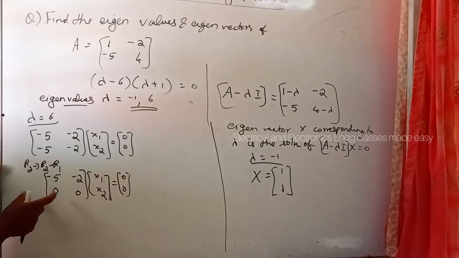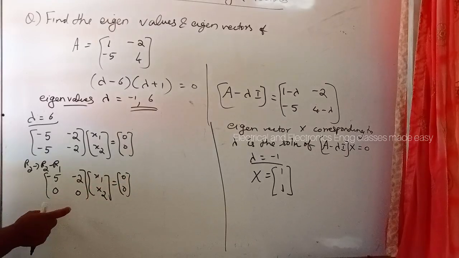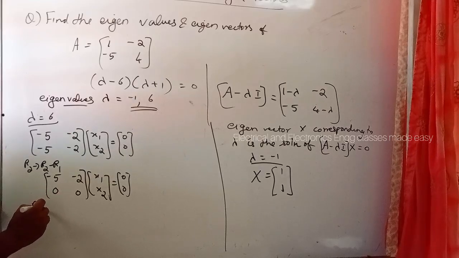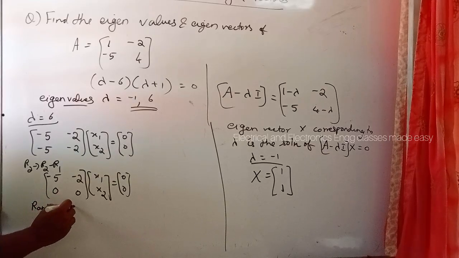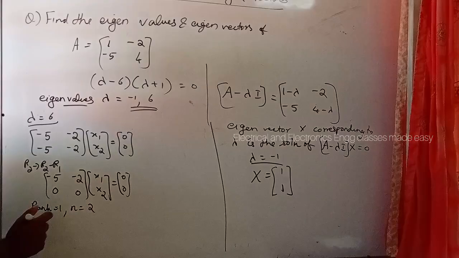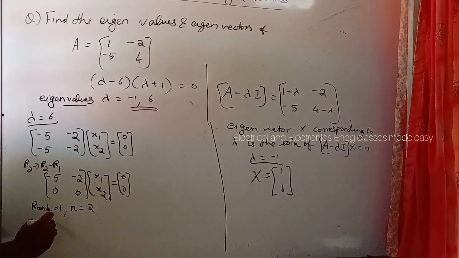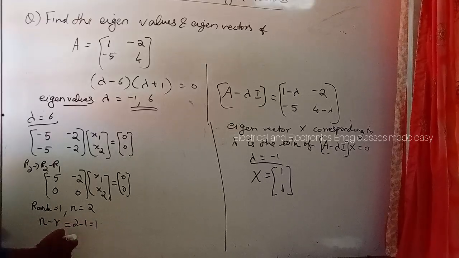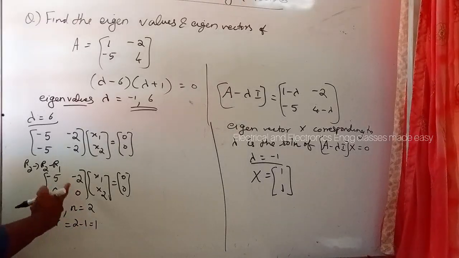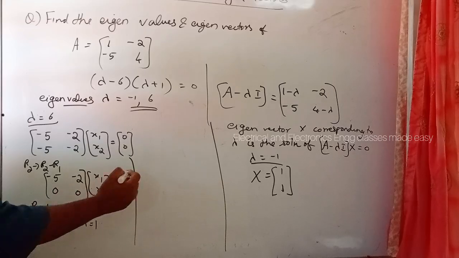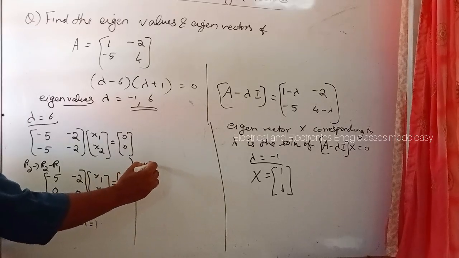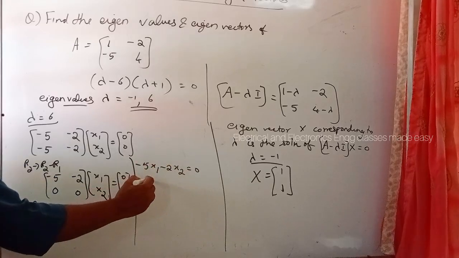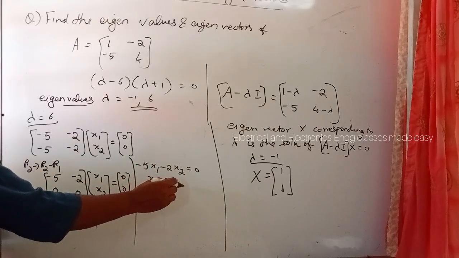Here, what is the rank of this matrix? The rank of this matrix is equal to 1, and the number of unknowns is 2. So here also we have to assume a value for n minus r variables, that is 2 minus 1, one variable. We can write minus 5x1 minus 2x2 equal to 0. Let x2 be equal to k.